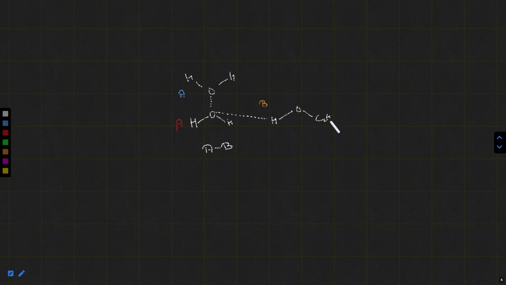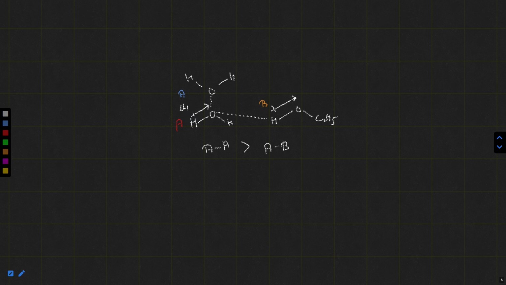Ethanol, C2H5. Now, if you consider the interaction here between AA and AB, two types of interactions are happening. The AB interaction is of course weaker. How is it weaker? Suppose this is the polarity, positive to negative, this is the polarity and this is the polarity. The interaction is happening between these two.